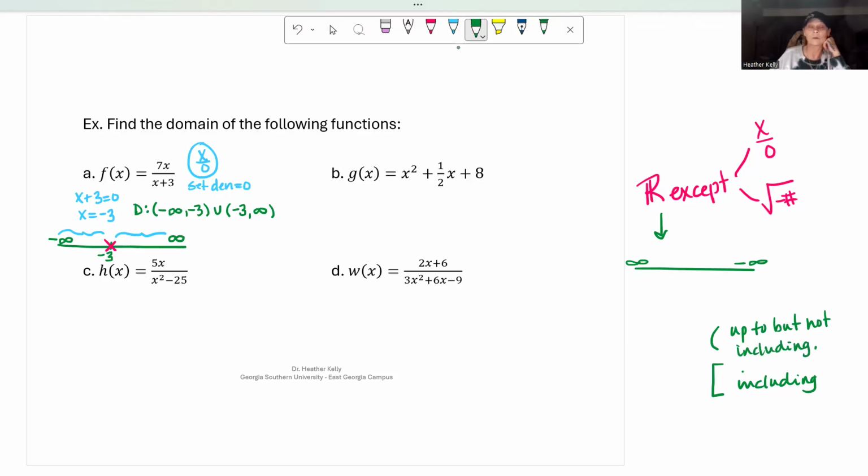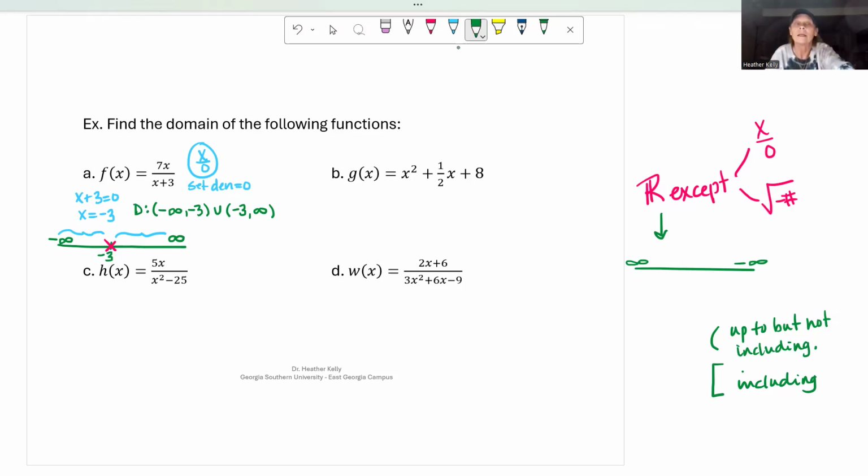Okay, and so to make my point here, for this side, negative infinity to negative 3, that means that negative 3.000000000000000000001 is in that piece in the domain, but negative 3 is not. So just as close as you can get to negative 3, but not negative 3.